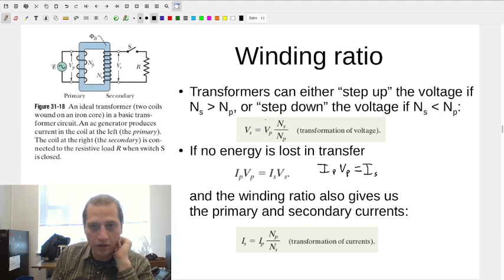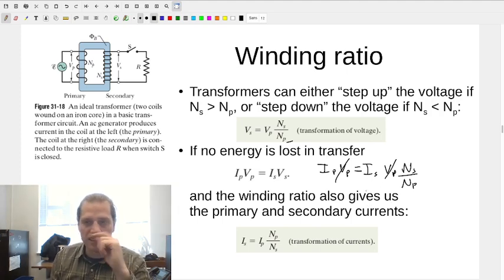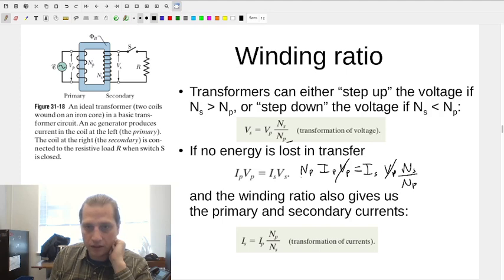If I put in this expression for V secondary, V primary times N secondary over N_P, then I can divide out my V primary, and I find that my I secondary is, taking both sides by N_P over N_S, I_S equals I_P times N_P over N_S.